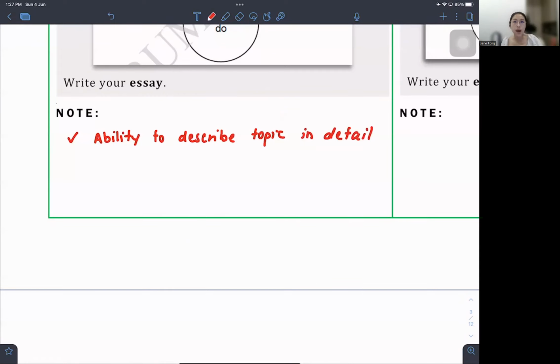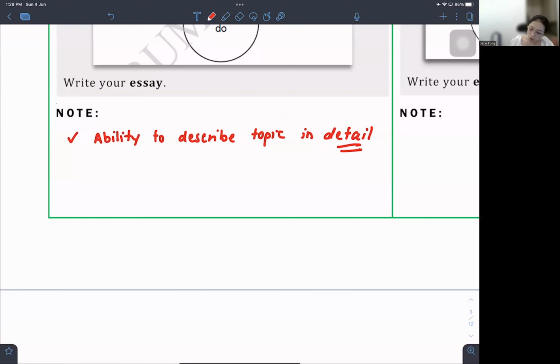When I use the word describe, I expect you to use adjectives. Adjectives are very important. Do not just tell me it was a great celebration. What do you mean by great celebration? What makes it great? I want detail. So again, what happens if you fail to give me detail? I'm so sorry, I cannot give you high marks for your communicative achievement. I cannot give you high marks for your content. Yes, exactly. It's that simple. You don't give me what I want, I don't give you your mark.